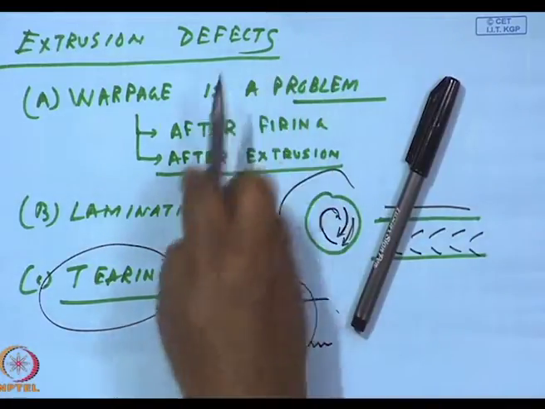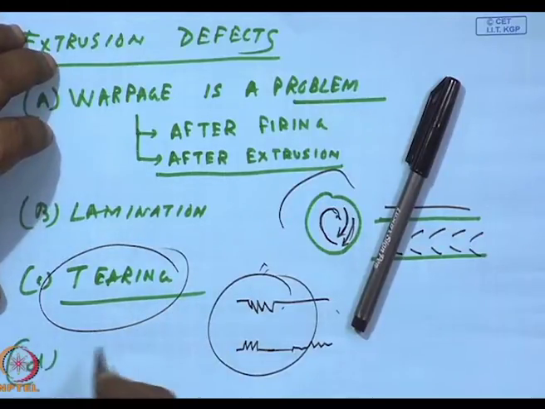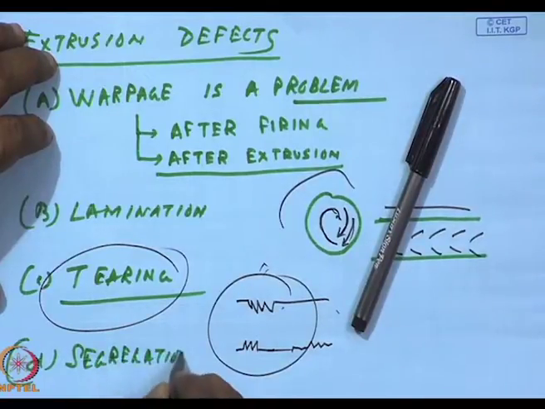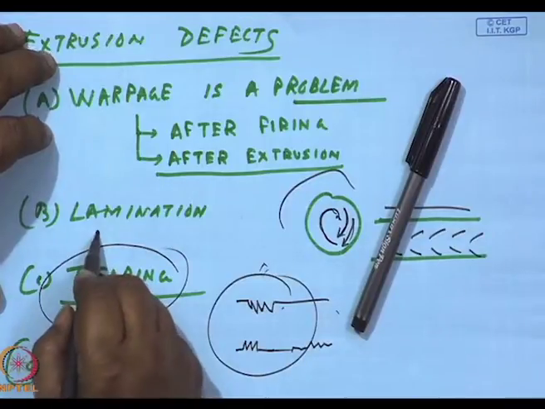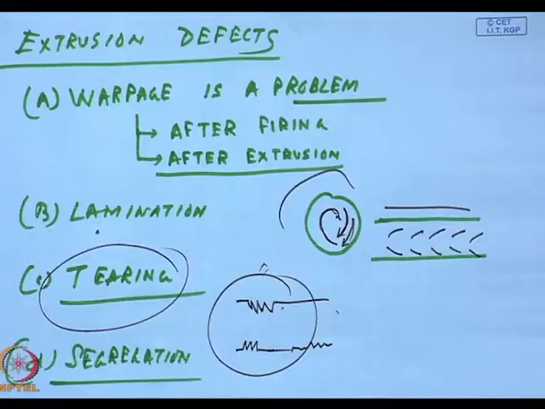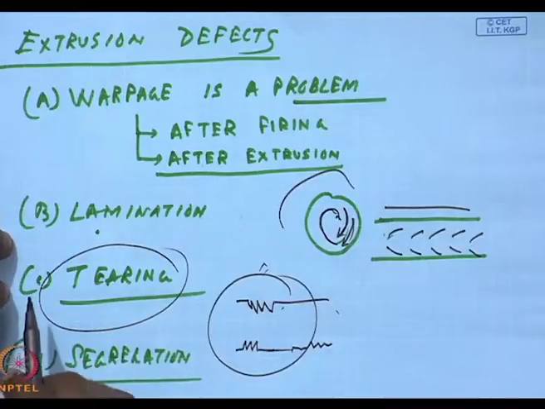The fourth one is segregation. This is different from lamination. Here what happened, the polymer and ceramic were mixing, but the hosier did not mix it very well. The stress given was not uniform, so we got this sort of structures.